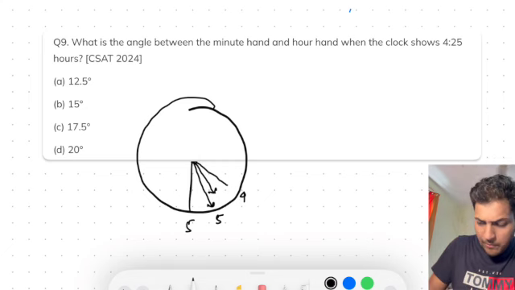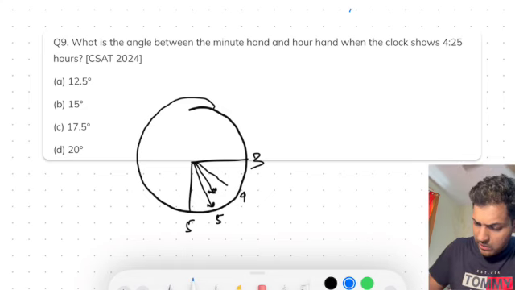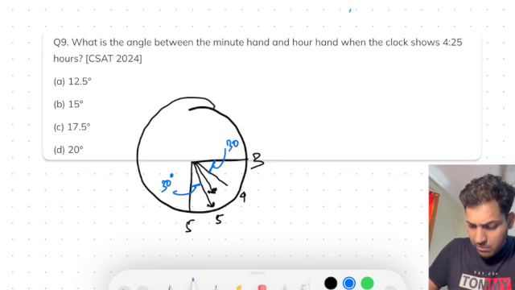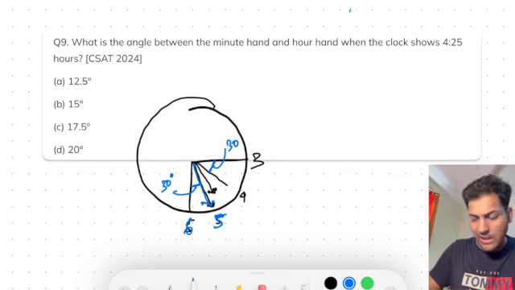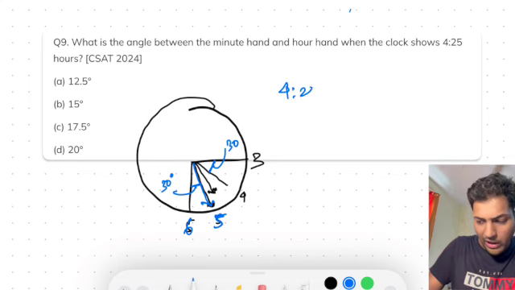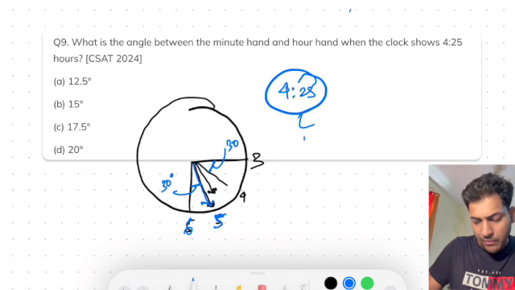Can you see? So suppose this is 3, this is 4. Now you already know that this angle is 30 degree. You already know that this angle is also 30 degree. Minute hand is here, you can see, at 5, precisely at 5. This is 6. Minute hand is precisely at 5 at 4:25.